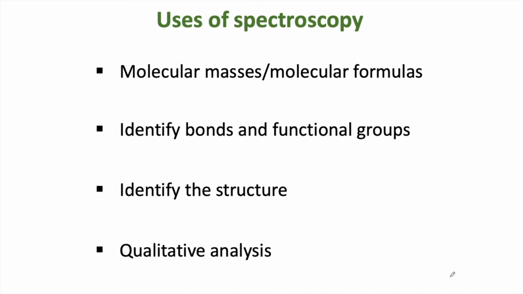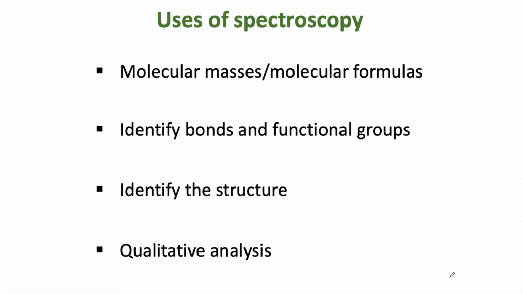Uses of spectroscopy. Firstly, it can be used to determine the molecular masses or the molecular formulas of the compounds present within the sample. Secondly, it can be used to identify what types of bonds are present, like whether it's a carbon-hydrogen bond or an oxygen-hydrogen bond, and we can identify the functional groups.